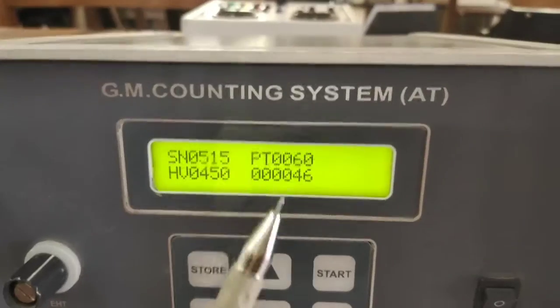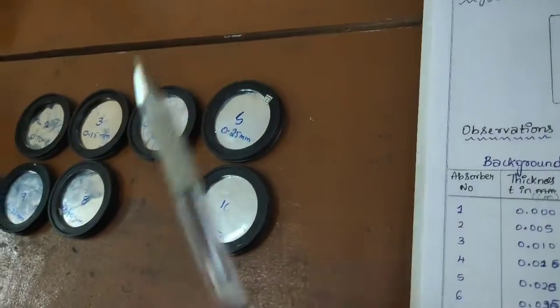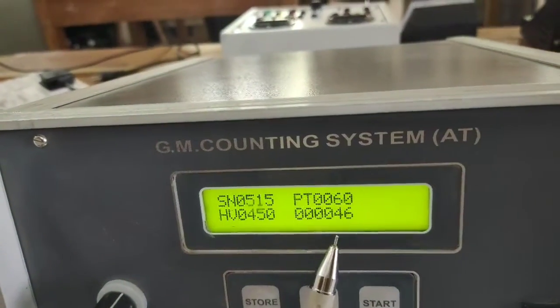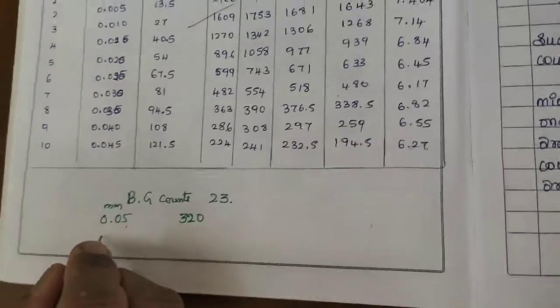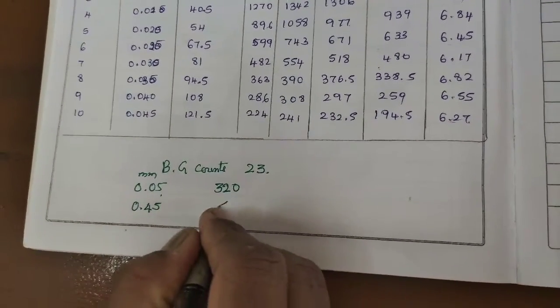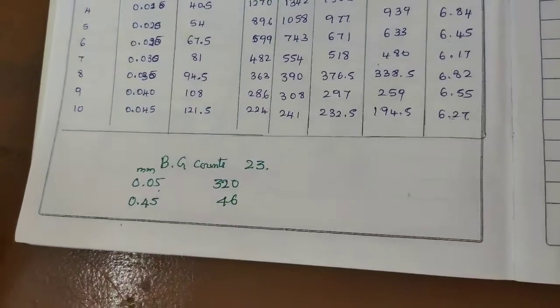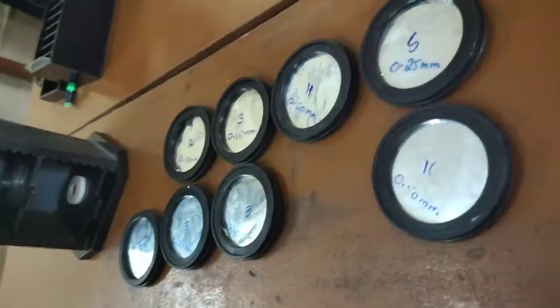As we can observe here, as we increase the thickness of the aluminum absorber, the counts recorded will be less, that is we are getting 46 for 0.45 mm. That means as the absorber thickness increases, the number of counts decreases.